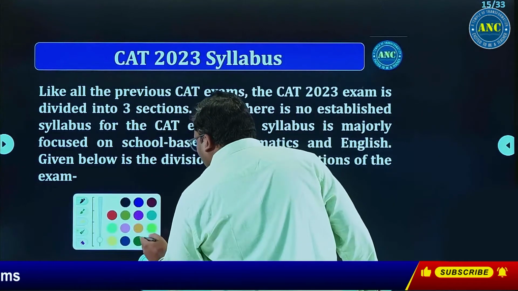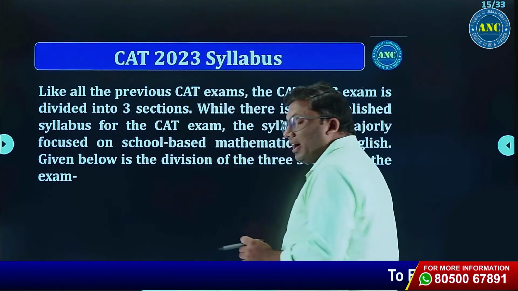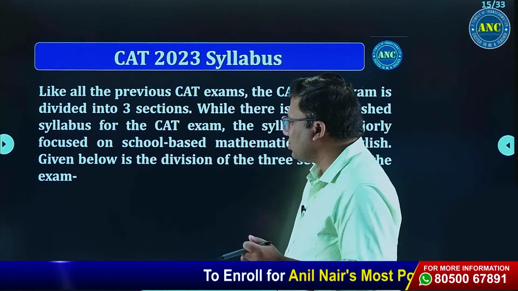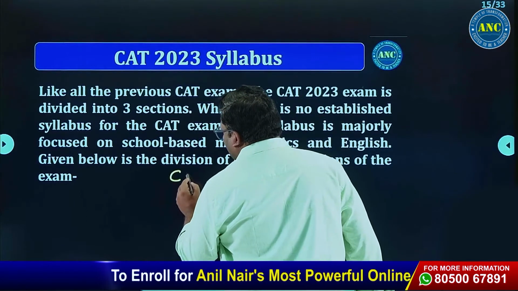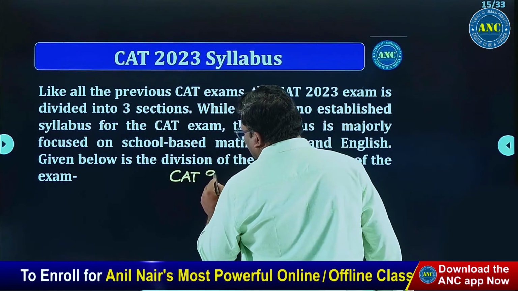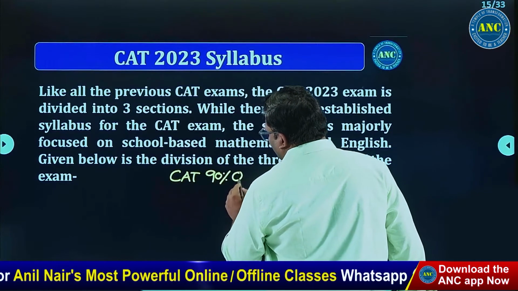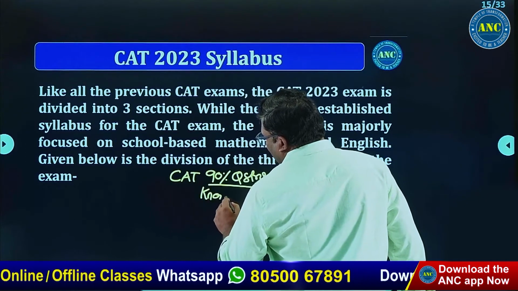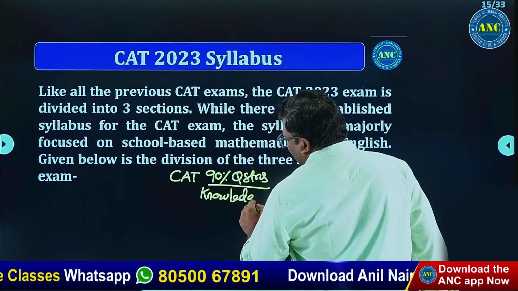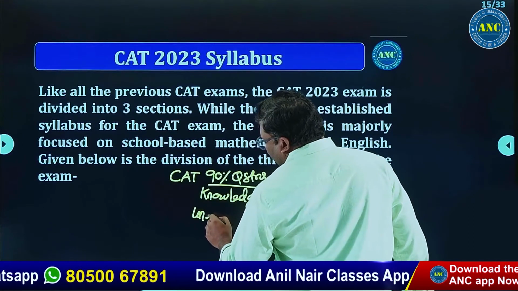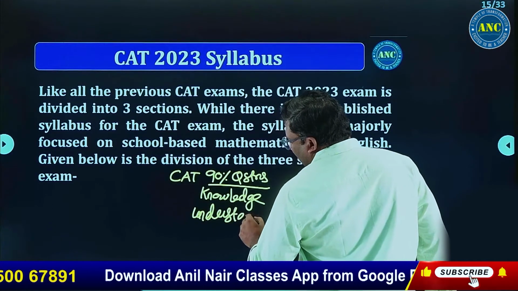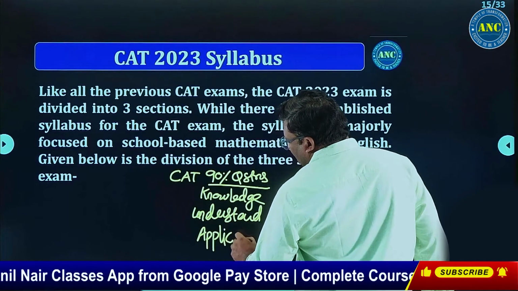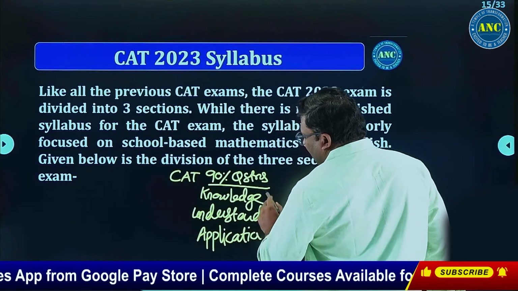What will be the syllabus that will come in these examination? CAT examination is also called a common sense admission test, because this is one of the finest aptitude examinations where 90% of the questions are based on your knowledge of the concepts, your understanding of the concepts, and your application of the concepts. 90% of the questions will be covering these three main areas: knowledge based, understanding based, and application based.